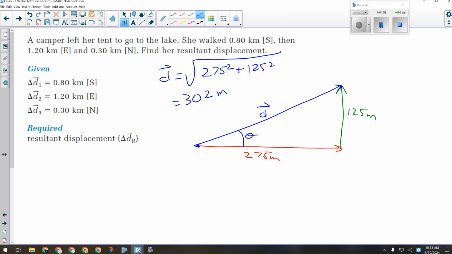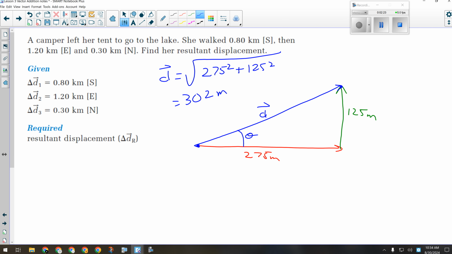I could. So what I like to do, because we know this side's 302, you could use sine, cos, or tan to get that angle if you wanted to, right? I have a favorite trig function because I'm that much of a geek, and it's tan. The reason I want to use that here is because I didn't calculate this number and I didn't calculate this number.